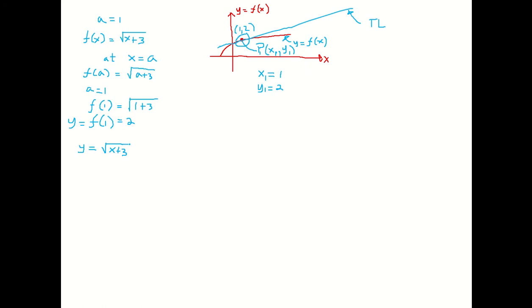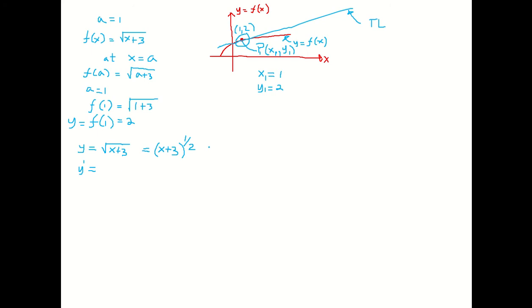You can also express this as x plus 3 raised to a power 1 half, correct? Now when you differentiate this function, we have y prime, or dy over dx, which is equal to f prime of x, and that is the slope of the tangent line.